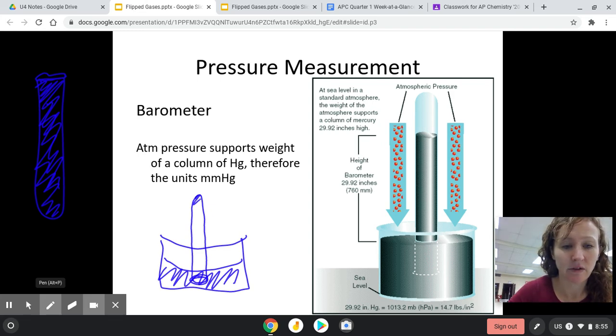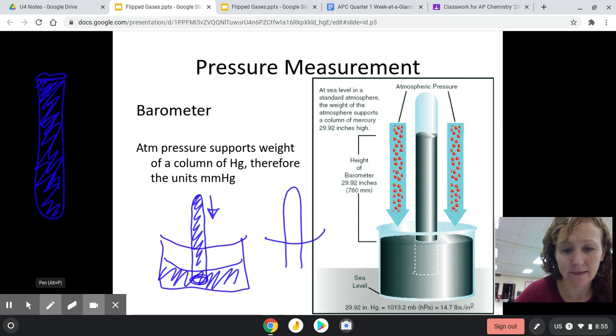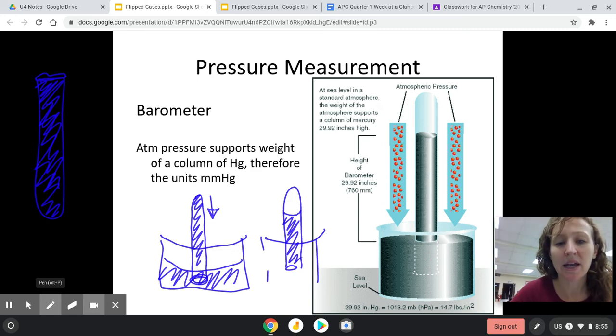Instead of being filled to the top, it actually falls down a little bit, maybe to like there. So the mercury falls down in the tube and it leaves. Where does that mercury go when it falls down in the tube?